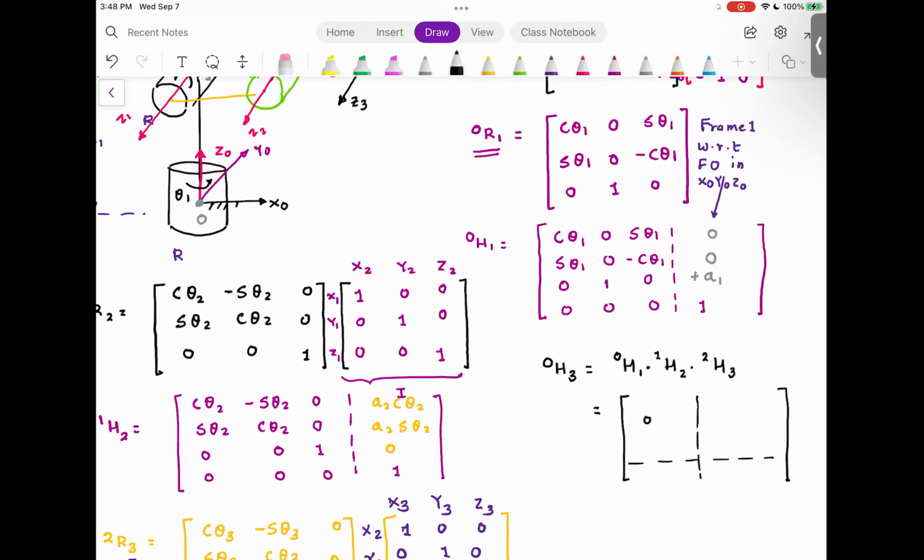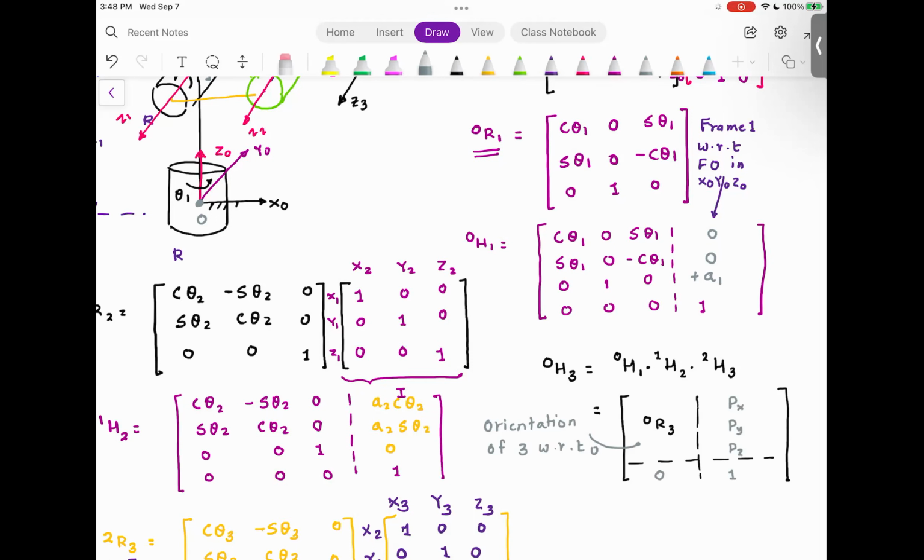There will be 0R3. 0R3 will be the orientation of the end effector with respect to frame 0. This will give me the orientation of 3 with respect to 0. Here there will be 0, here there will be 1, and this will be px, py, pz.